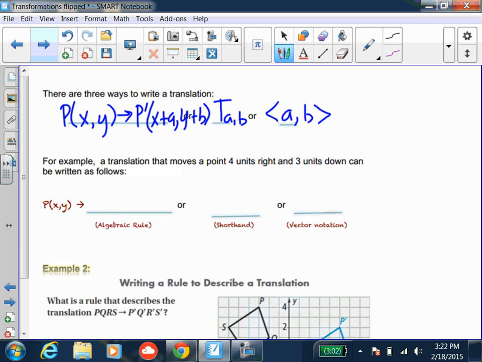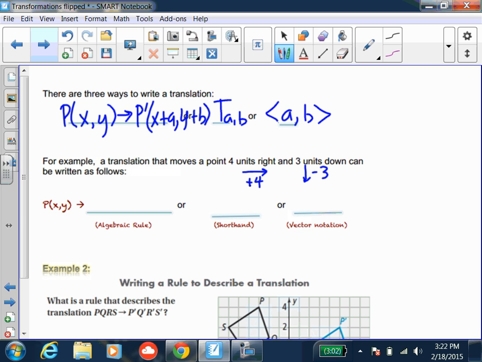So, for example, a translation that moves a point 4 units to the right and 3 units down can be written as follows. If we move 4 units to the right, we're adding 4. If we move 3 units down, we're subtracting 3.